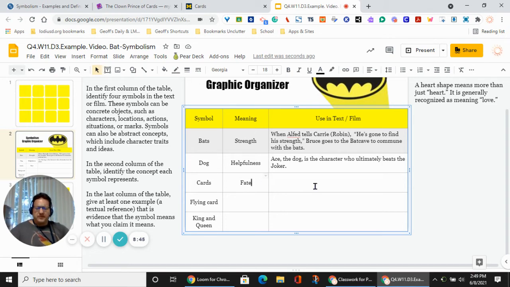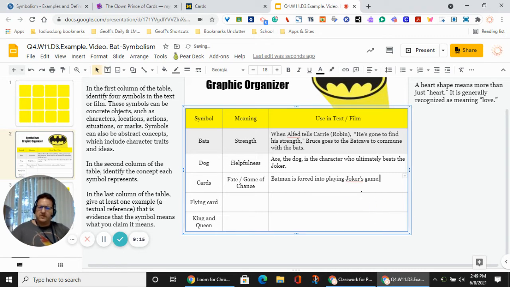But probably it's more the fact that they're associated also with the game, games of chance, gambling, and so here where I put that, I could say, how does that work out? Well, essentially we have Batman, and well, let's see, Batman is forced into playing Joker's game.